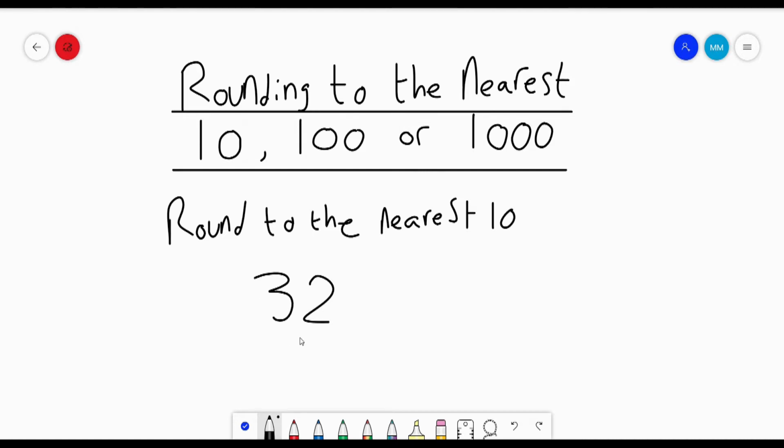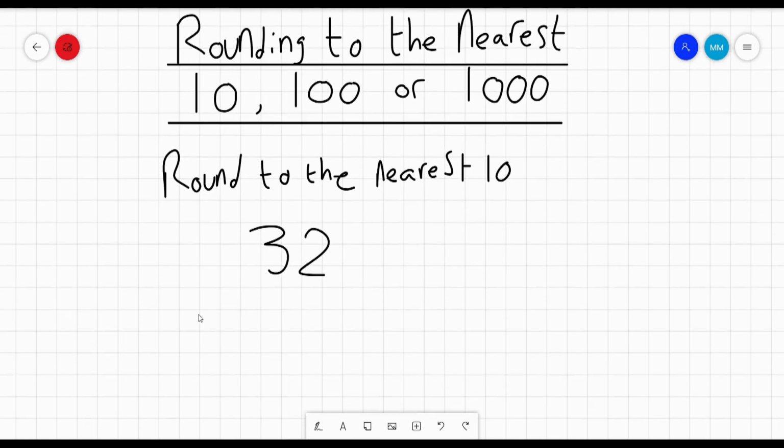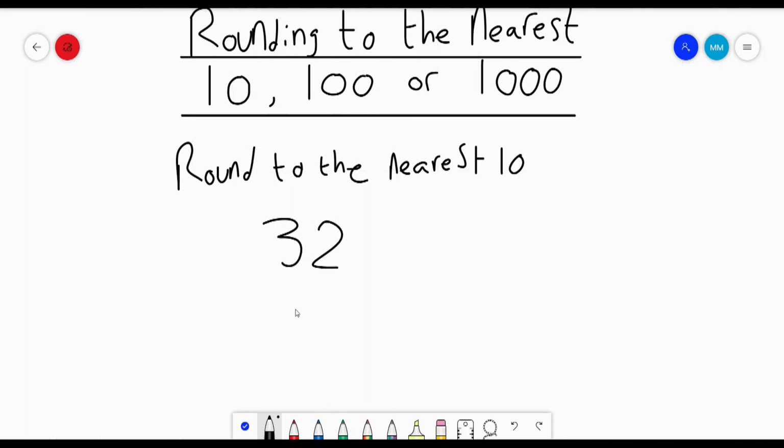So the trick to this is you need to know which one is the tens column, the 3 or the 2? Well, 3 is in the tens column. So now we know that, we look to the number to the right, which is this one here, the 2. Is this 2 worth 5 or more?